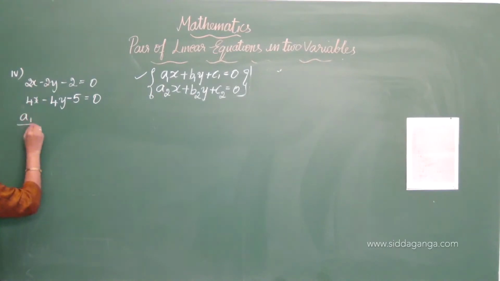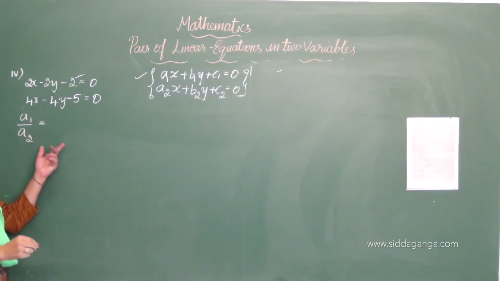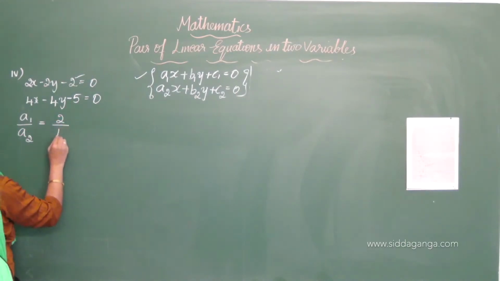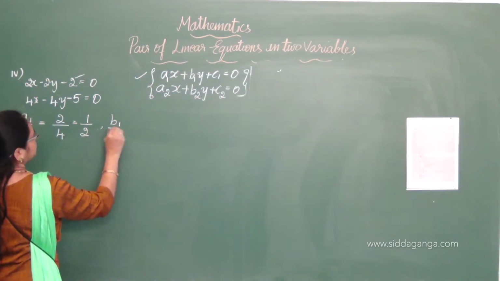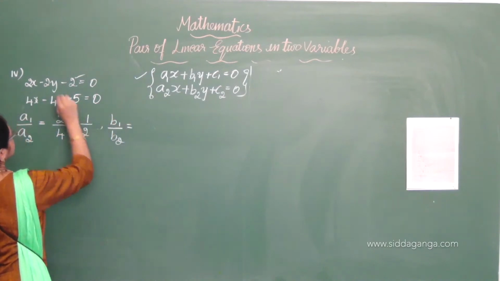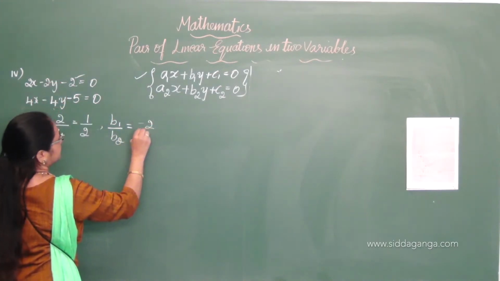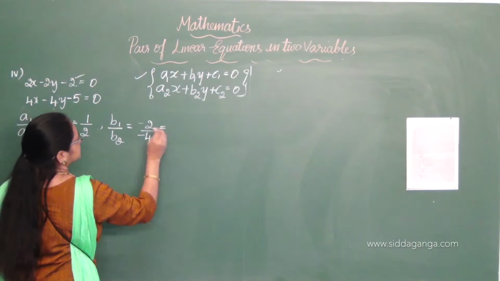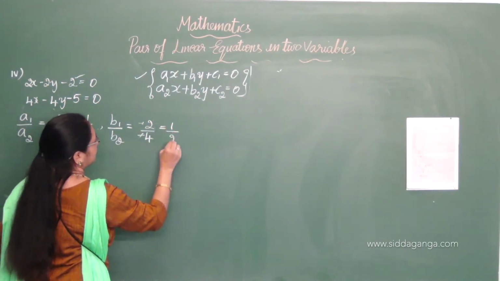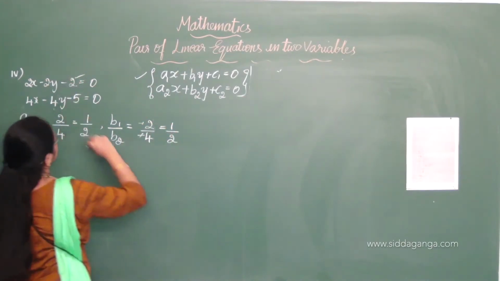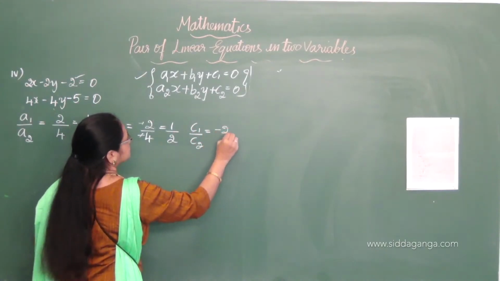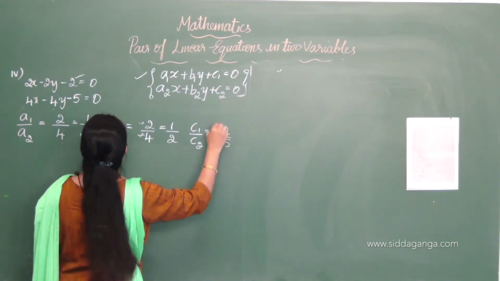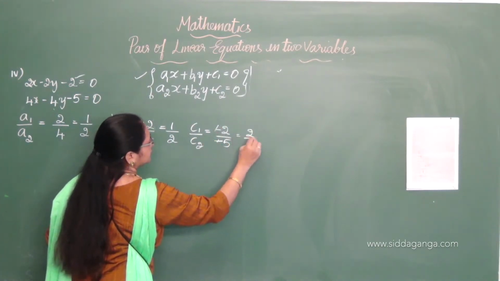Since it is in the standard form, we can proceed like this. a1 by a2 is equal to 2 by 4, that means 1 by 2. Next b1 by b2 is minus 2 by minus 4, minus minus gets cancelled, 1 by 2. Next the last one, c1 by c2 is minus 2 by minus 5, minus minus gets cancelled, you will get 2 by 5.